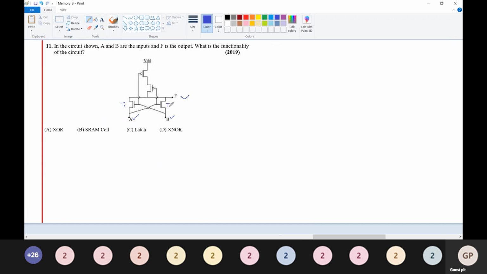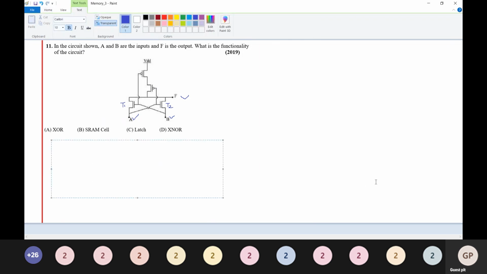Input B is connected to the transistor T1 and input A is connected to the transistor T2.